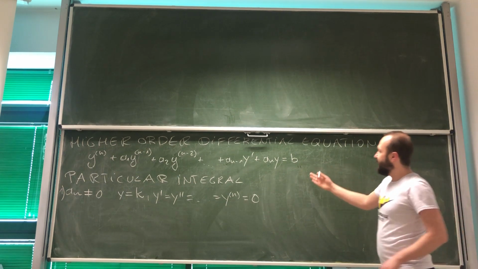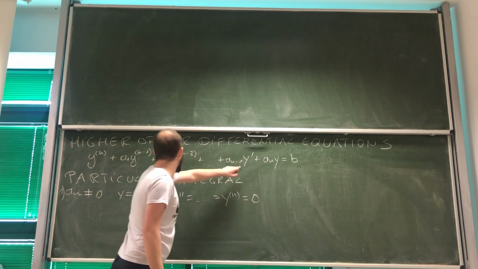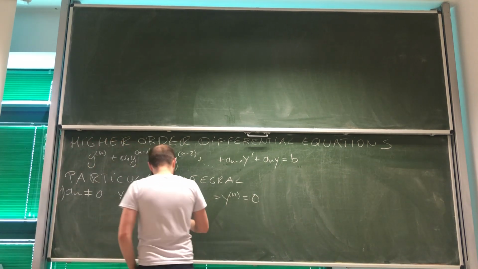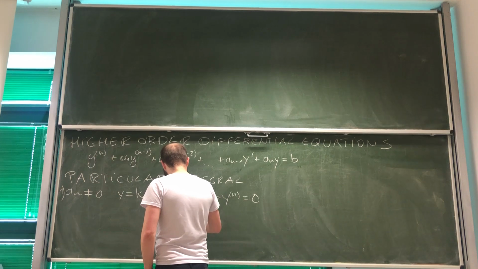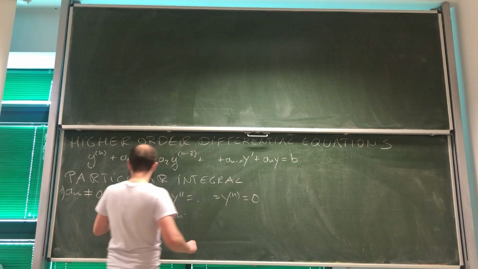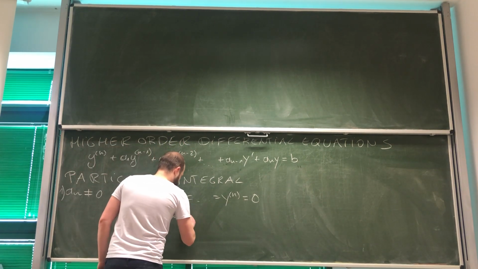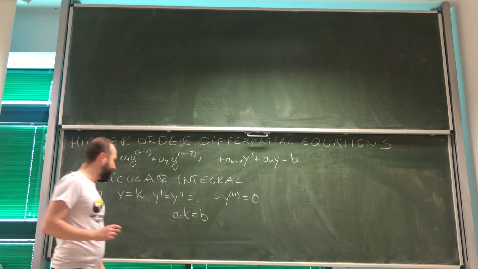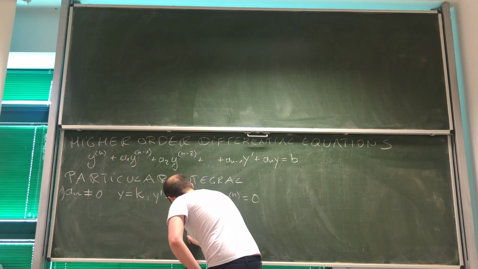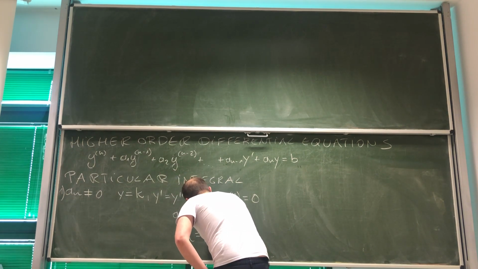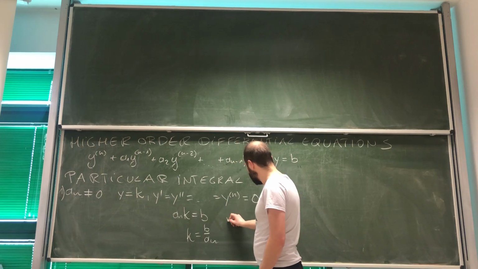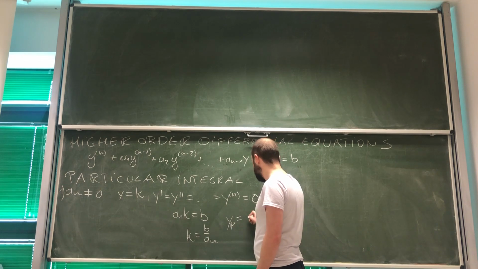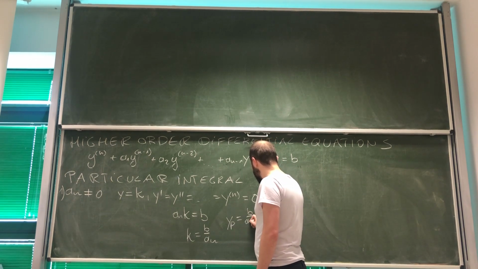Then all those components over here are equal to 0. So all we've got is a_n times y, and y equals k, equals b. Out of that, we get that k equals b over a_n, and the particular integral in this case is simply equal to b over a_n.